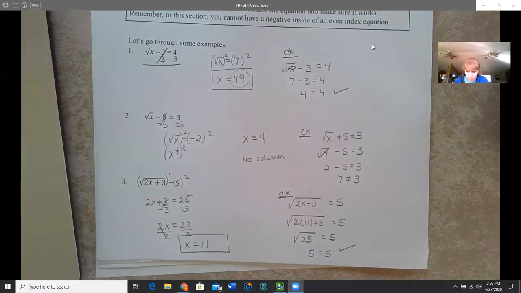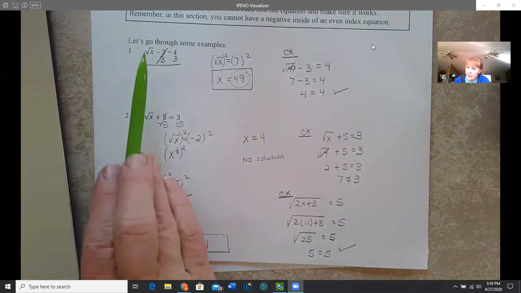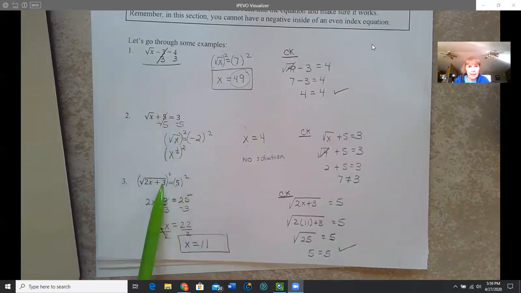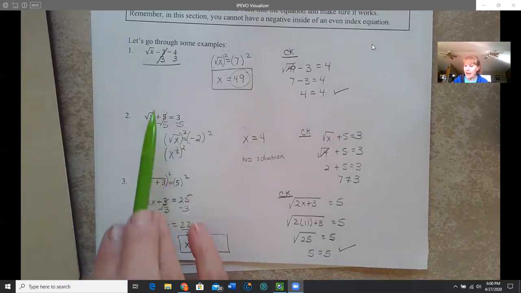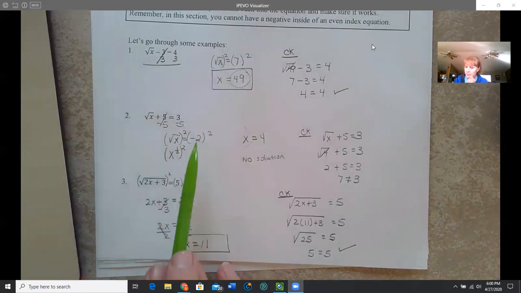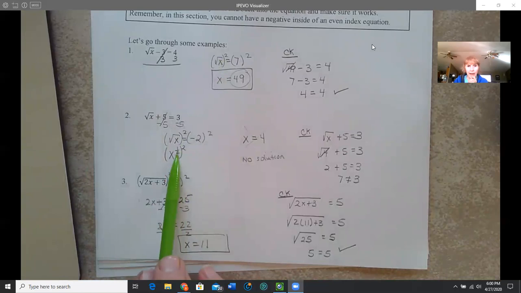So on these first three, you isolate your square root in our first step, unless it's already isolated by itself. And then once that radical is by itself, then we square both sides. That gets rid of the square root. Why? Because square root is a 1/2.